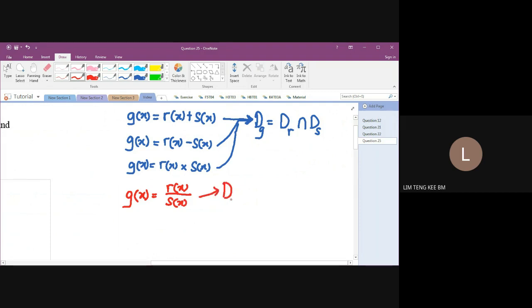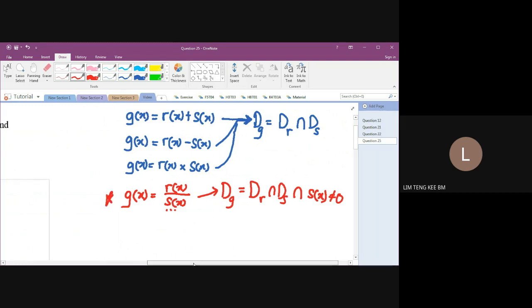The way to get the domain is similar to the ones above, but with one more extra condition: the domain of r intersect with the domain of s, and then intersect with one more condition, where my denominator function shall not equal 0. If not, the function g(x) is undefined. So this is the idea we need to use to solve question A part 1 here.